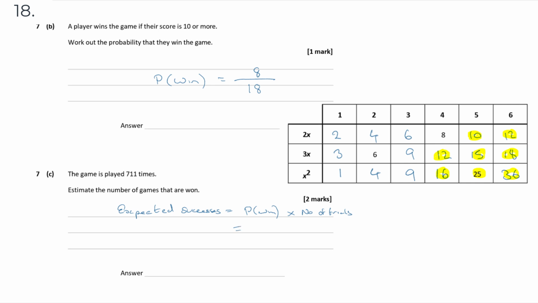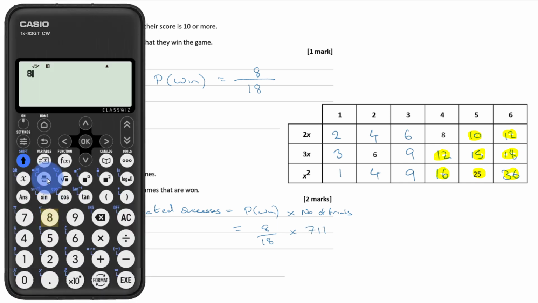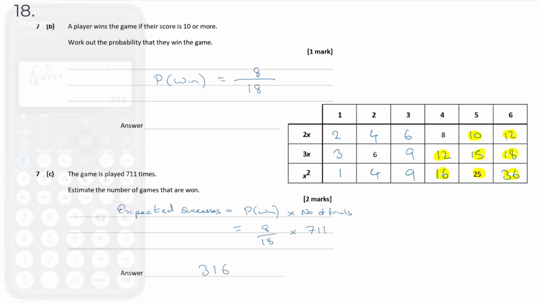Okay, so in this case, it's going to be 8 over 18 times 711, whatever that is. So 8 over 18 times 711, it comes out to 316. So I would expect there to be 316 wins. I'd like to get exactly that, but it's going to be there or thereabouts.